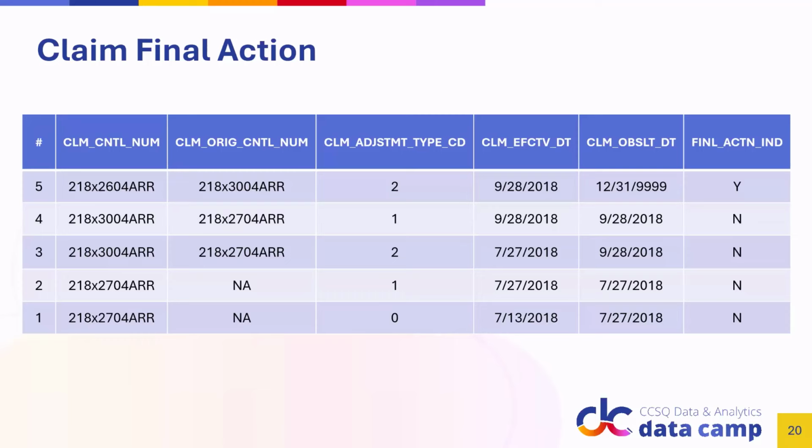In this case, it is number 5 record, and it is usually denoted by claim effective date on which the claim is becoming final through the end of time, right?